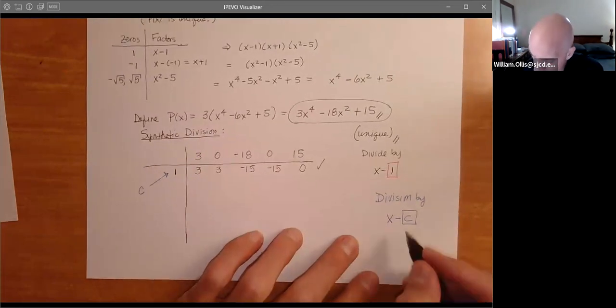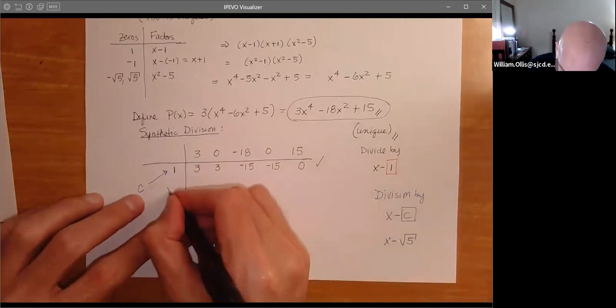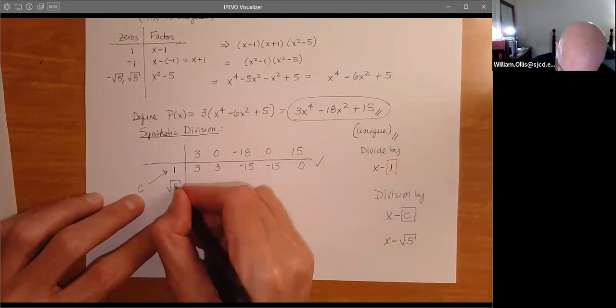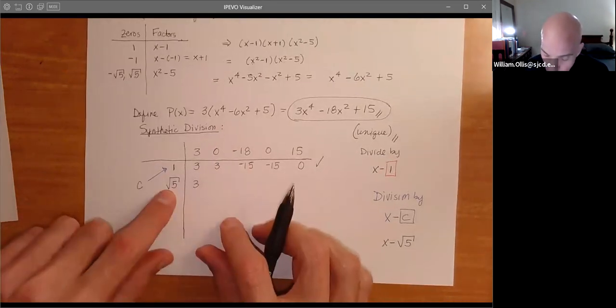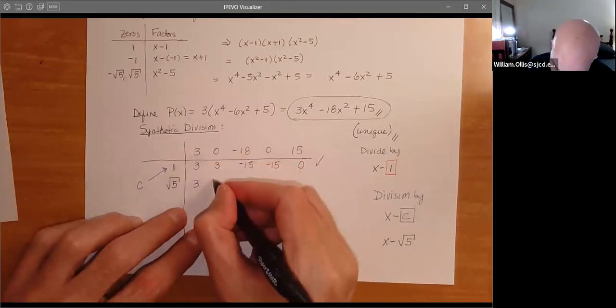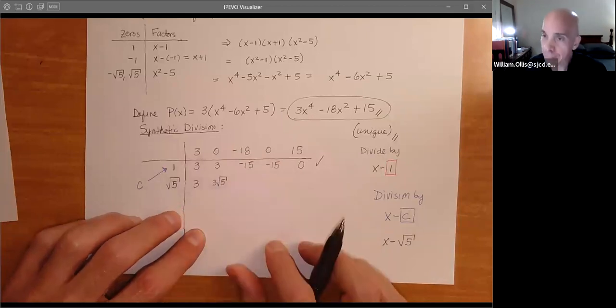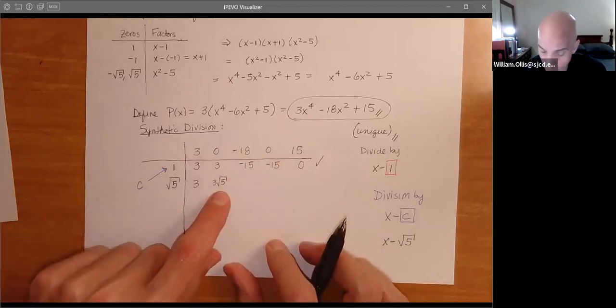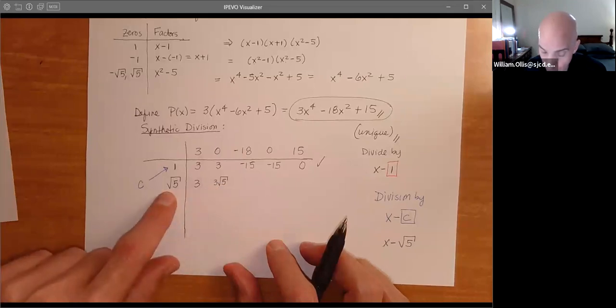So let's finish up. We have x minus the square root of 5. So let's put in the square root of 5. So bring down the 3. 3 times the square root of 5, plus 0, that's 3 times square root of 5. Okay, and now we do it again. So we multiply. We have 3 root 5 times root 5.